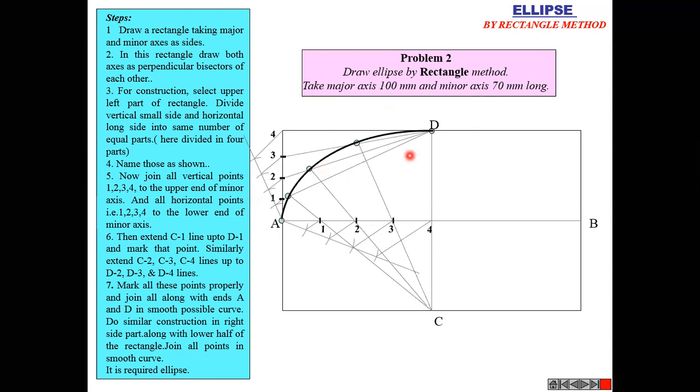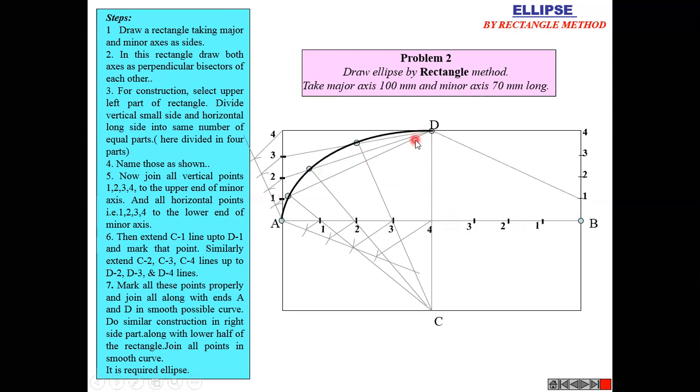The same process has to be repeated in all 4 quadrants, all 4 rectangles, to construct the ellipse. Again, we divide this line into 1, 2, 3, 4 equal parts in the same manner, and the remaining half portion into 4 equal parts.